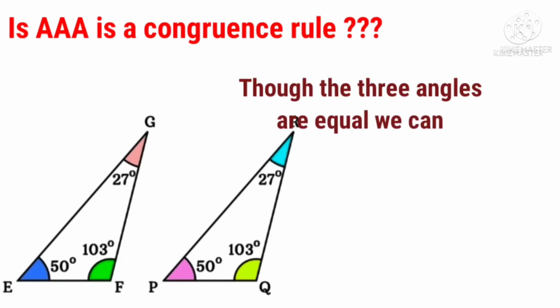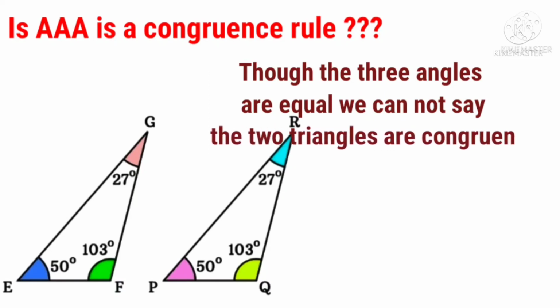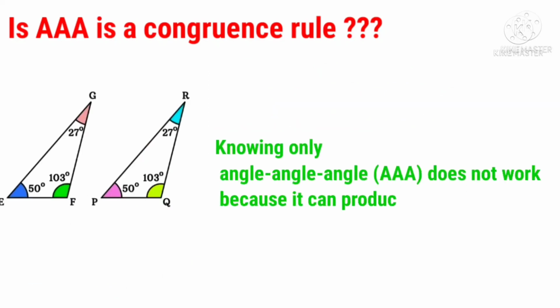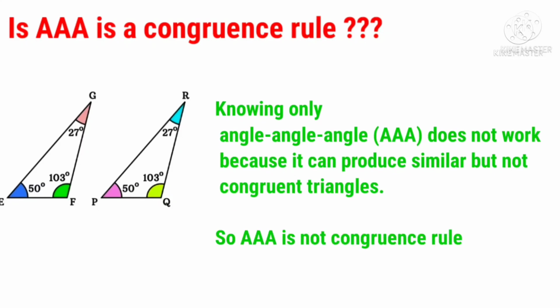Why? Here is the reason. Though the three angles are equal, we cannot say the two triangles are congruent. Knowing only angles does not work because it can produce similar but not congruent triangles. So we can say AAA is not a congruence rule.